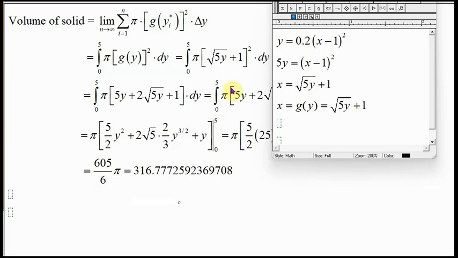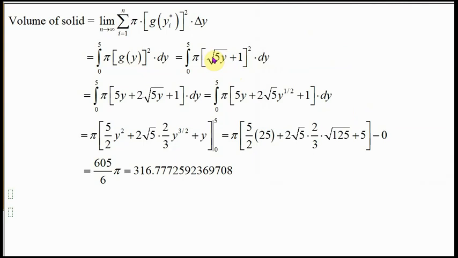So in the place of g of y, we have the square root of 5y plus 1. And then simplify here, we get 5y plus 2 times the square root of 5y, plus 1. And this part here, I rewrote as 2 times the square root of 5 times y to the 1/2. And then find the antiderivative of each term.